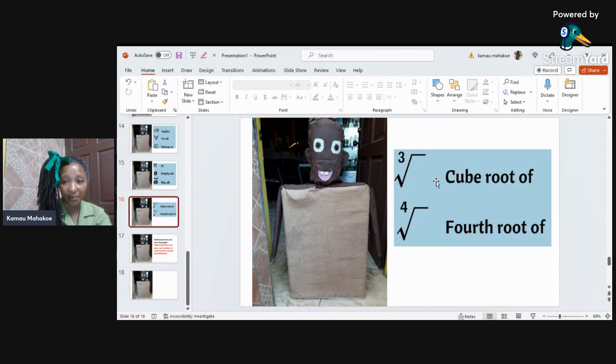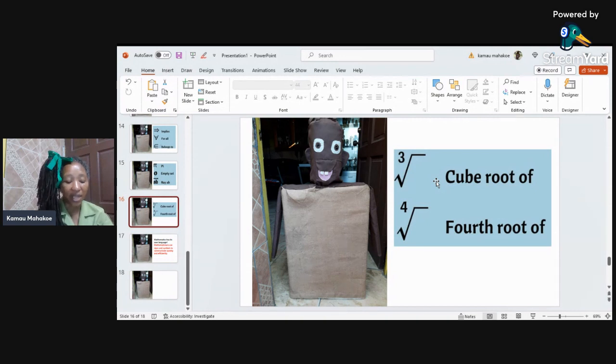So 3 to the power of 3, or 3 times 3 times 3, gives 27. The reverse of that will be the cube root of 27 is 3.